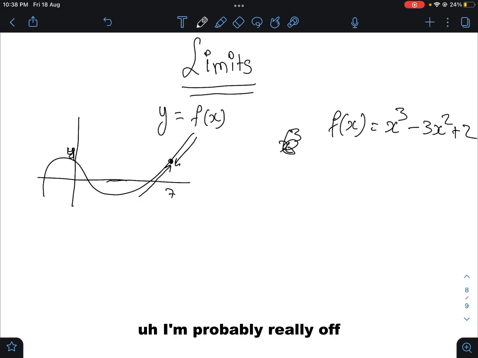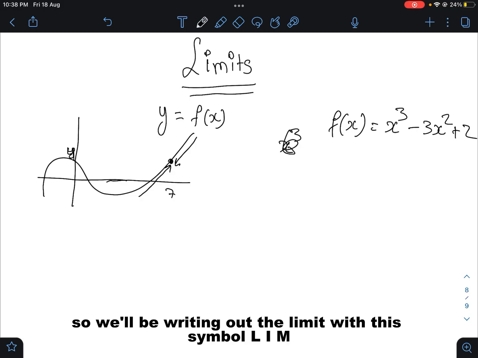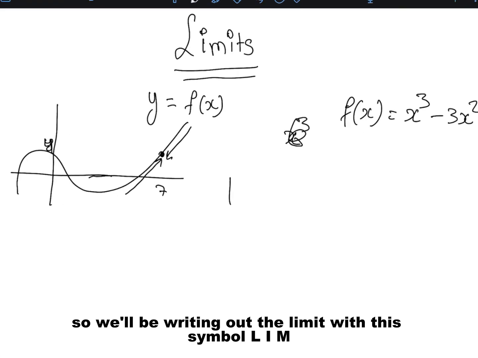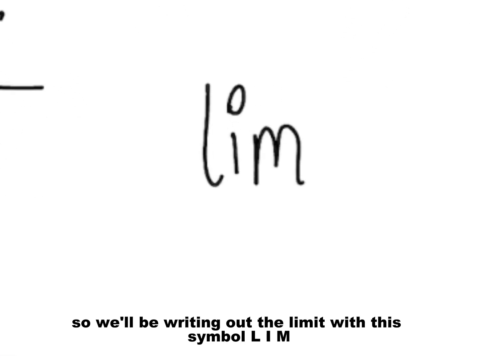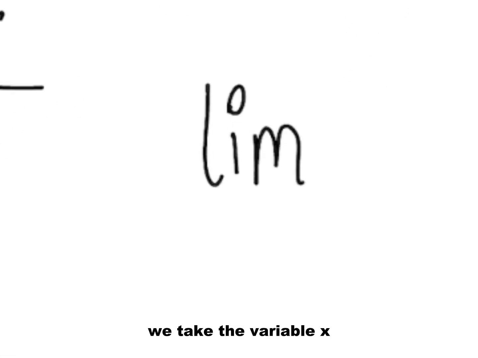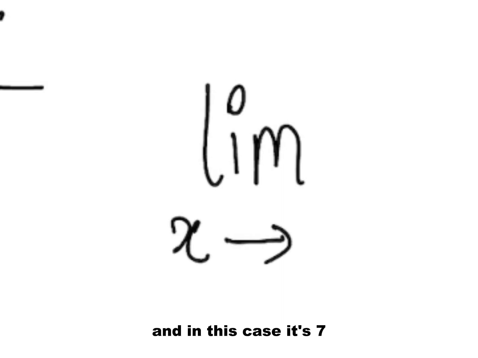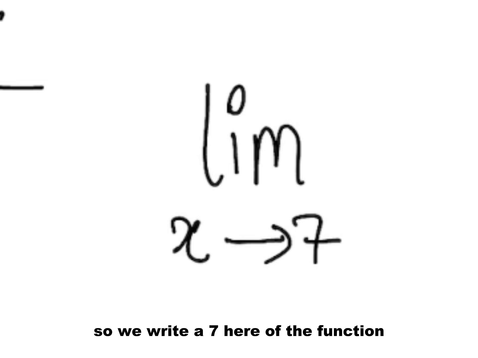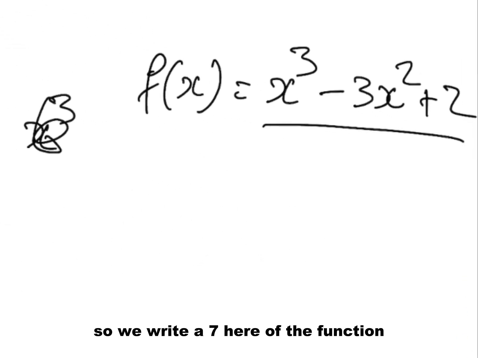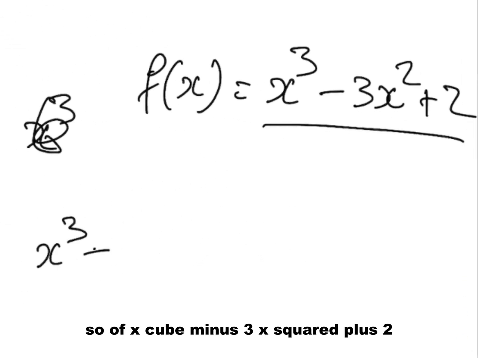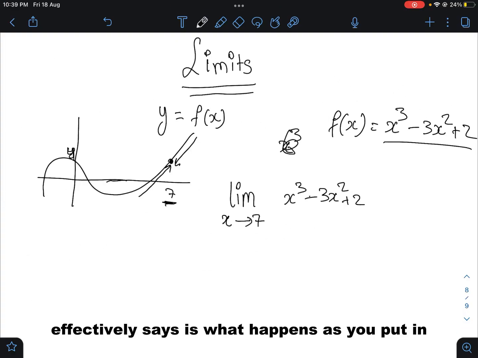I'm probably really off. So we'll be writing out the limit with this symbol lim. We take the variable x approaching, and in this case it's 7, so we write a 7 here, of the function, so of x cubed minus 3x squared plus 2. So what this limit effectively says is what happens as you put in closer and closer values to 7 as possible.